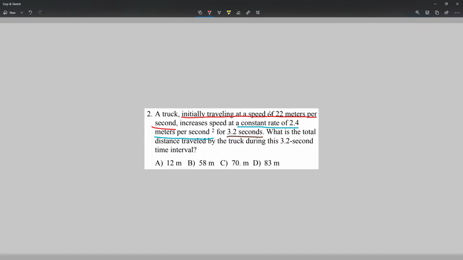Initially traveling at this speed, you're given context clues. You're also given the units. Meters per second is a speed measurement. So you can safely assume that this is your initial speed. Now, it says increases speed at a constant rate of 2.4 meters per second squared.